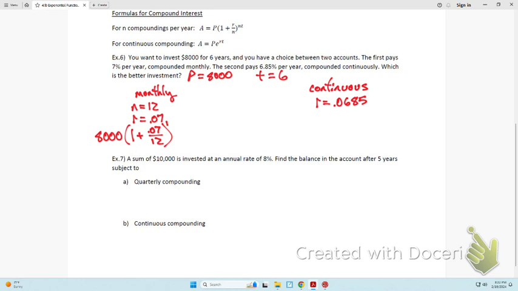So raised to the 12 times 6. Let's do continuous, though, before we change the slide. Still $8,000, but this time we're multiplying it by the exponential function raised to the RT. And that'll give us continuously compounded interest.